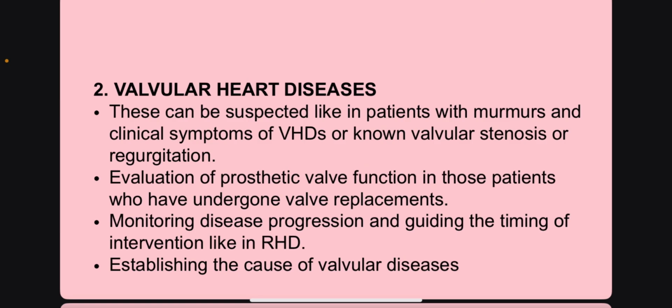You know this patient has RHD. Maybe initially it was mild MS with mild MR, and after 1 year you do another echo to see the progression, and maybe this time it is RHD with moderate MS and mild MR, meaning the stenosis is progressing.